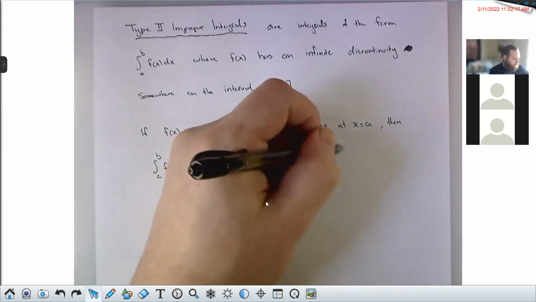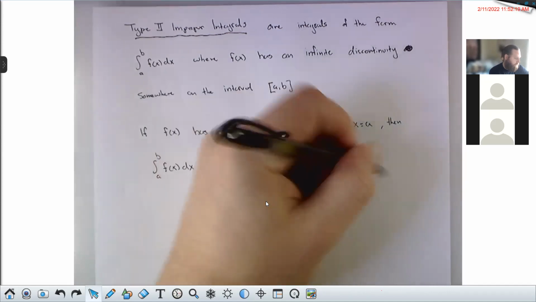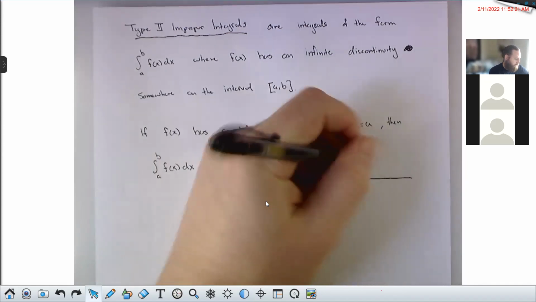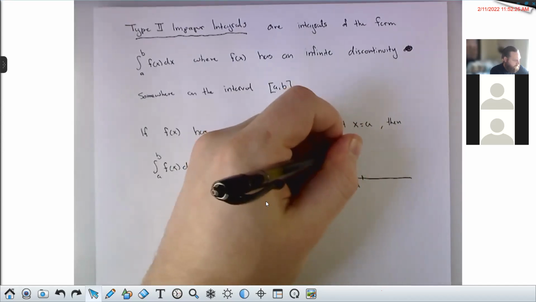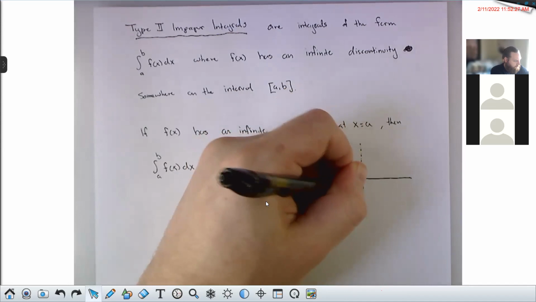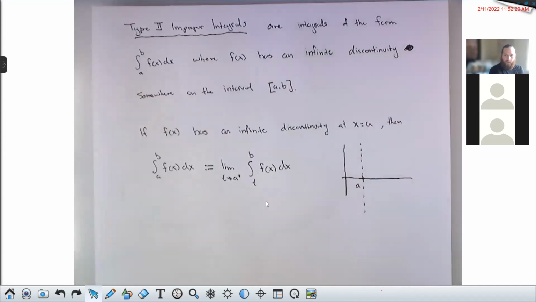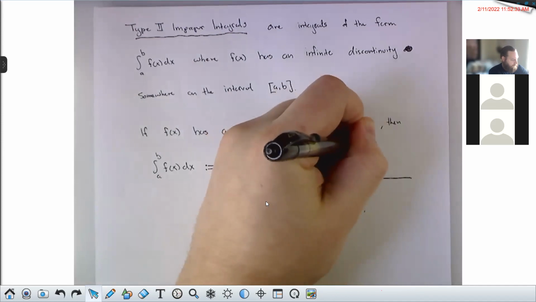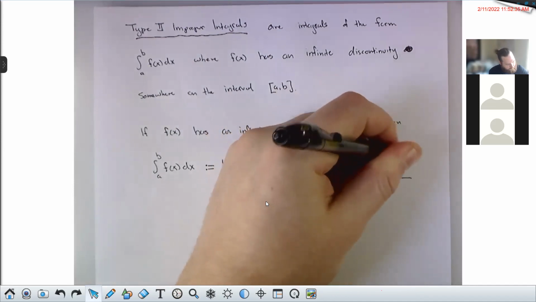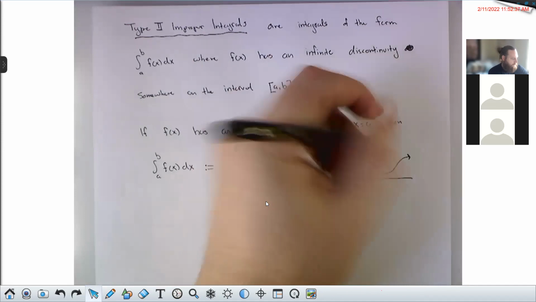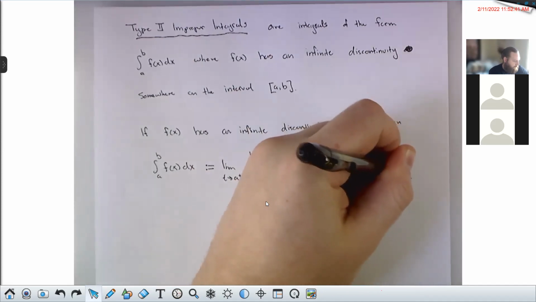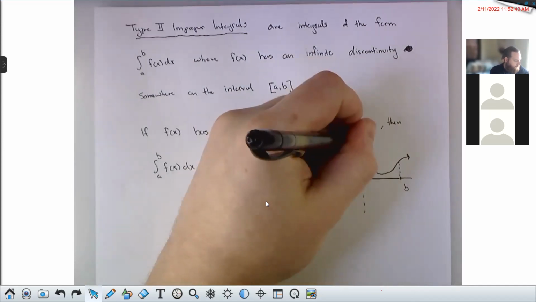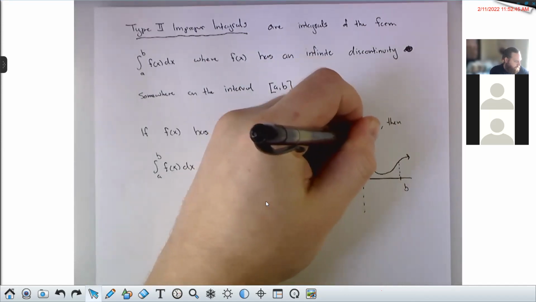Sort of the picture here. A is here. And my function has an infinite discontinuity. Infinite discontinuity just means vertical asymptote. And then does, whatever else. And b is here. And this function is blowing up to infinity at a.